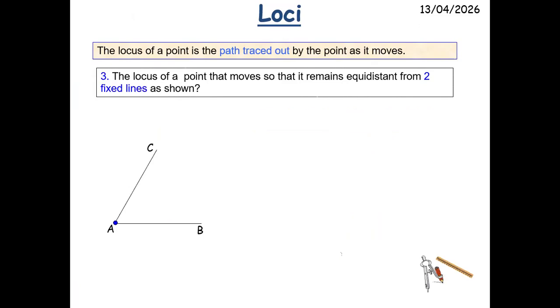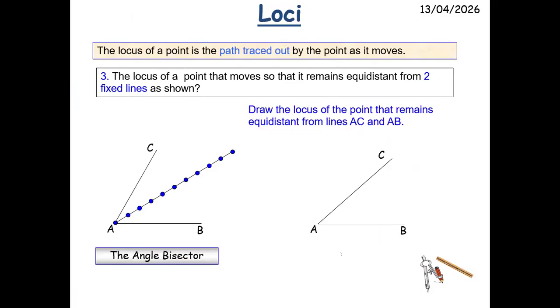Okay. The locus of a point that moves so that it remains equidistant from two fixed lines as shown. So we want to draw this, or this is how to show our working. Draw the locus of the point that remains equidistant from lines AC and AB. So we do this. We place a compass at A and draw an arc. We draw an arc like that.